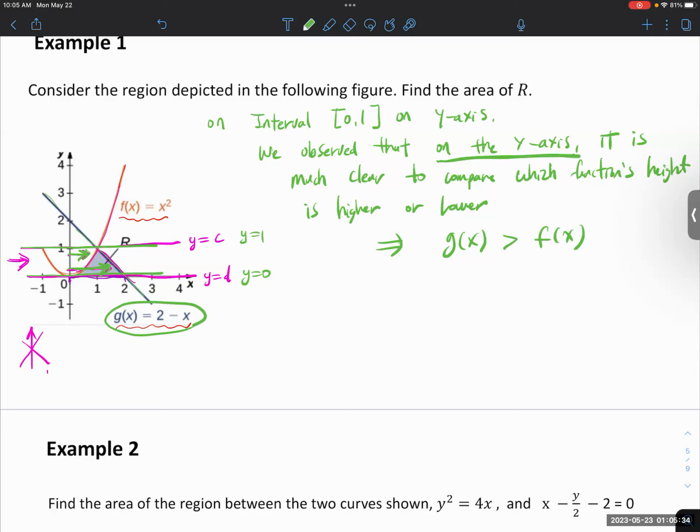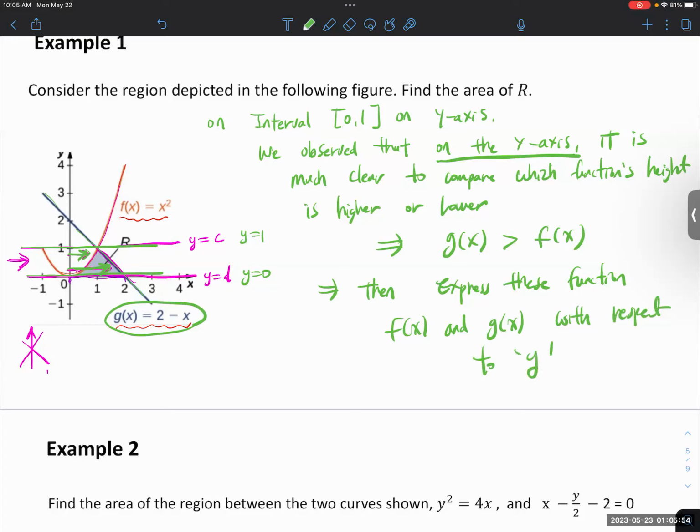So then we can express these functions f(x) and g(x) with respect to the y variable. So we're going to do that work.